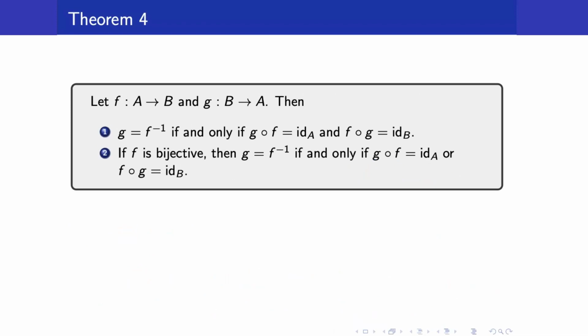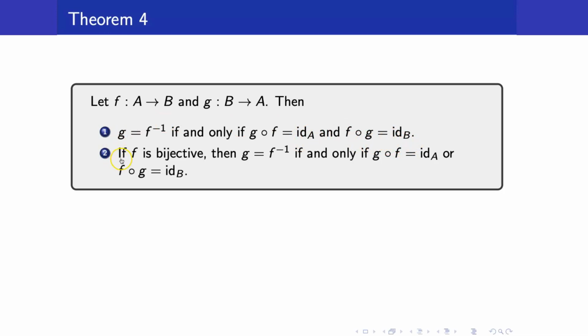So next, suppose now that we have two functions f and g. F is a function from A to B and g is a function from B to A. The first part is saying that g is the inverse of f if and only if when you compose g with f, or f circle g, you get the two identity functions.